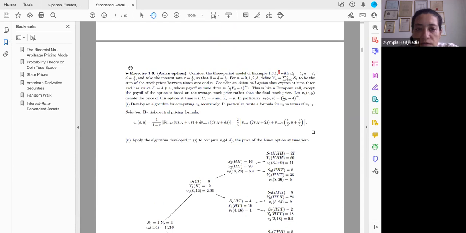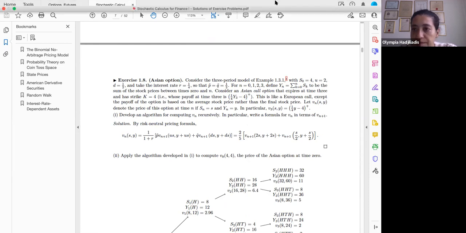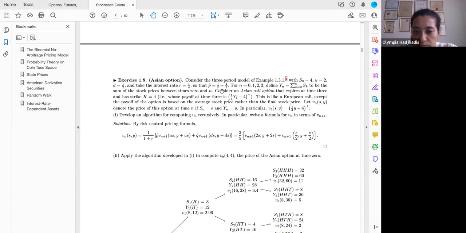There is exercise 1.8, the Asian option. We consider the 3-period model of example 1.3.1 with S0 equal to 4, u equal to 2, and d equal to 1/2, and take the interest rate r to be 1/4, so that p̃ is equal to q̃ equal to 1/2.